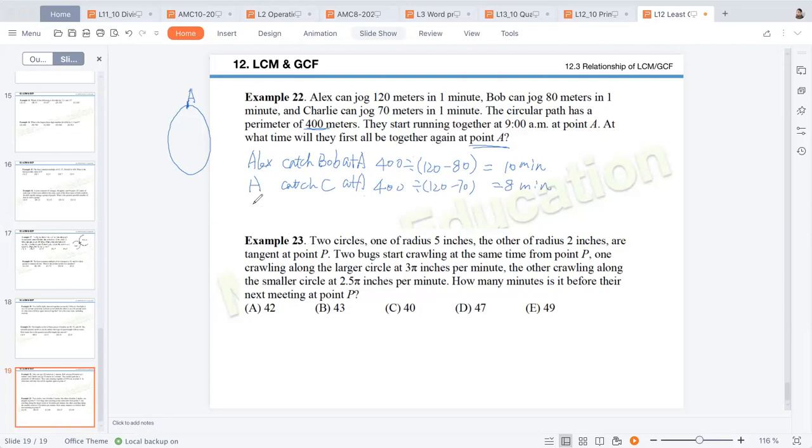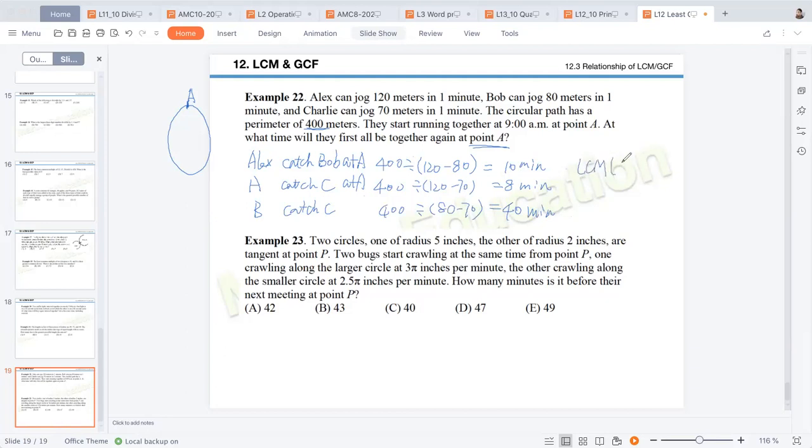And then B catches C. B catches C is 400 divided by 80 minus 70. So this needs 40 minutes. So if they meet at A again, how many minutes later?